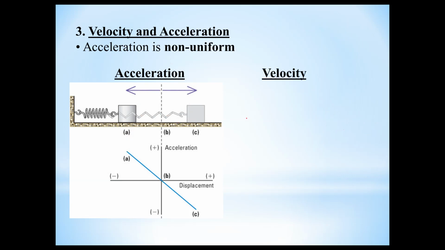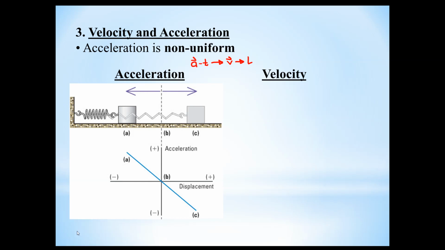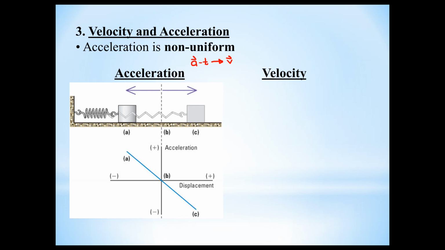How about velocity? Well, before we do this, remember that back in the 1D kinematics unit, we had an acceleration time graph and we went back to a velocity time graph.